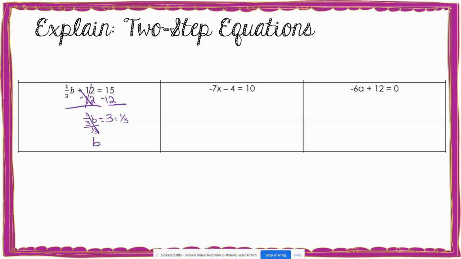These 1/3s will cancel, but I need to know what 3 divided by 1/3 equals. Well, if I do 3 divided by 1/3, that's the same as multiplying 3 by the reciprocal of 1/3. Well, this reciprocal is 3 over 1. Well, 3 over 1 is the same as just 3. So this is like saying 3 times 3, which is 9. So that means that b is equal to 9.